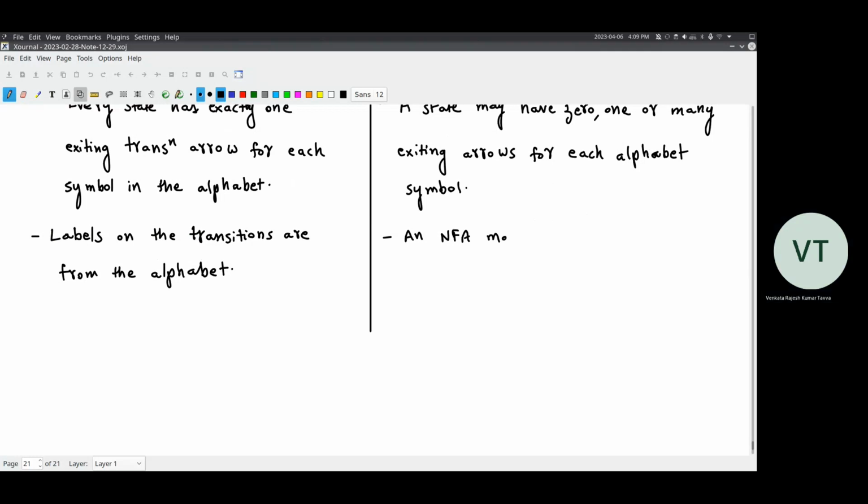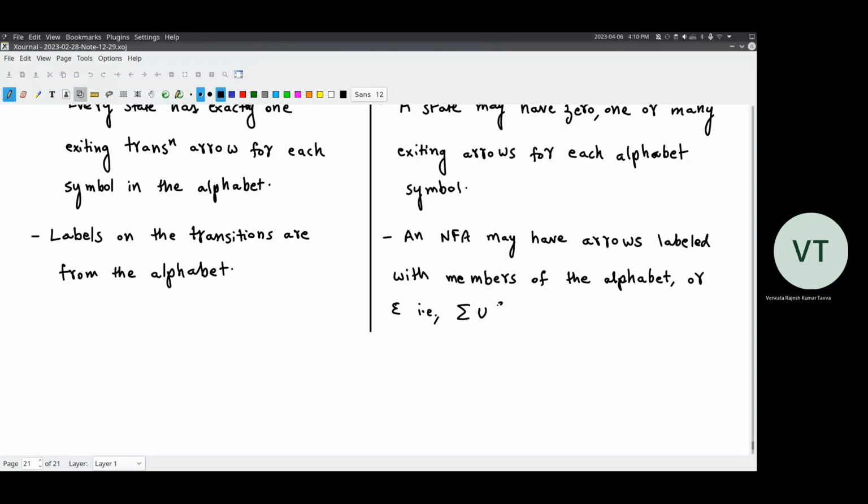An NFA may have arrows labeled with members of the alphabet or epsilon, that is sigma union epsilon.